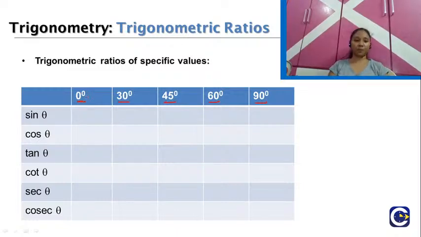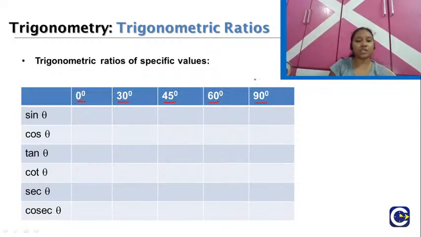First we'll fill up the specific values for the sine function, and then using those values I'll tell you how we can write the specific values for the remaining 5 trigonometric functions.